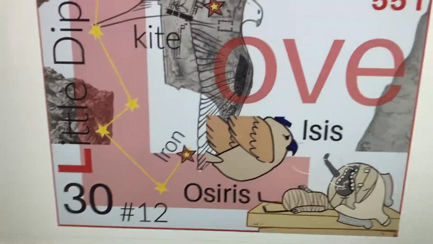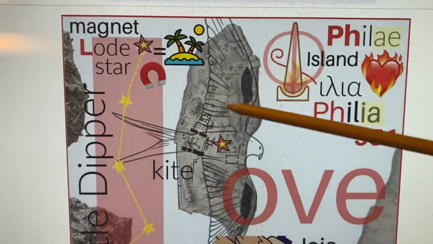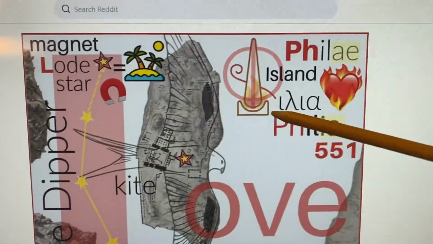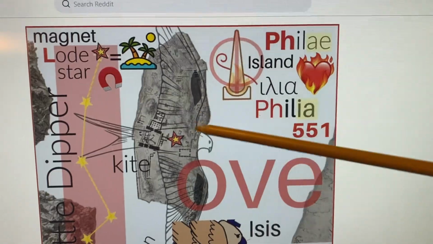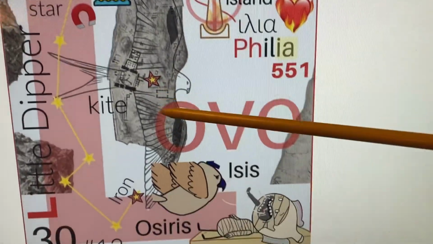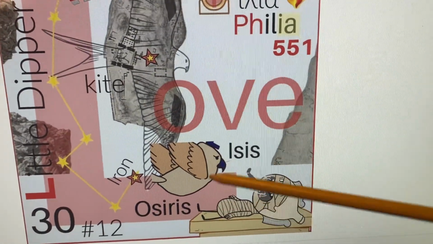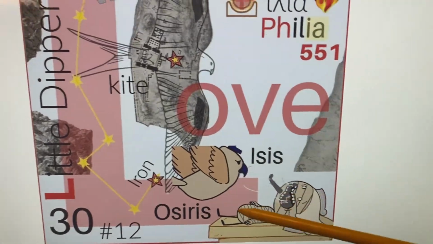Here we see Philae Island, or Isis. The island is shaped like the kite of Isis, who flaps her wings over Osiris, and her love brings Osiris back to life.